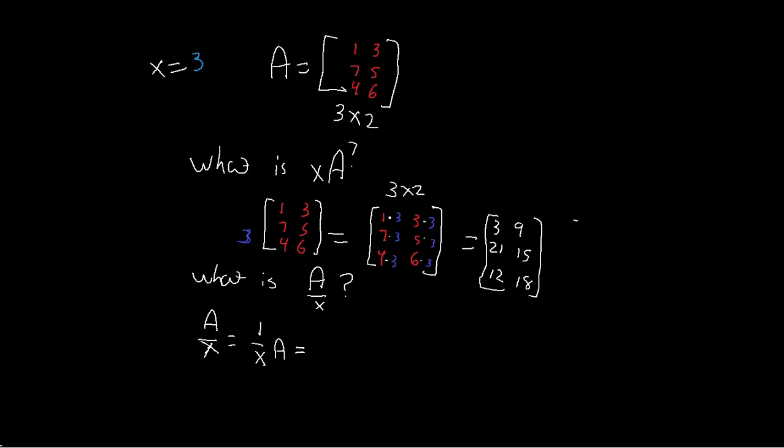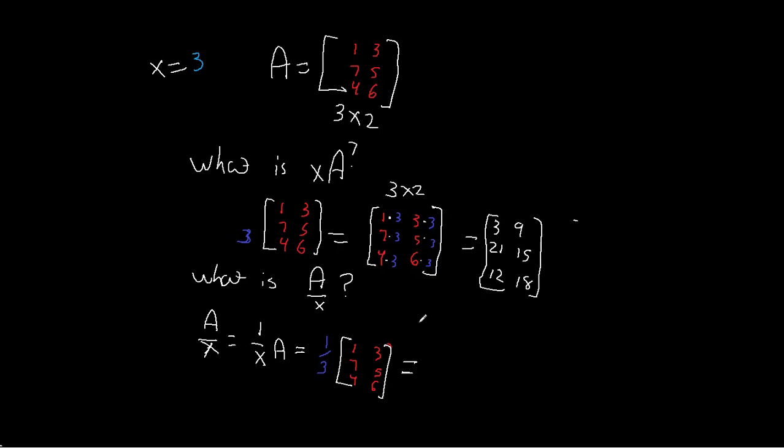So in our example, this would be the same as 1/3 times our same matrix, 1, 7, 4, 3, 5, 6. Hopefully you understood the step to go from here to here. All we did was take the inverse of the scalar.